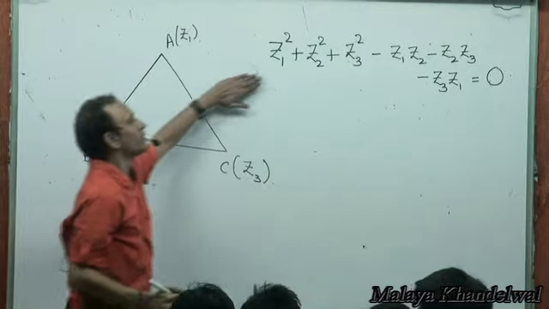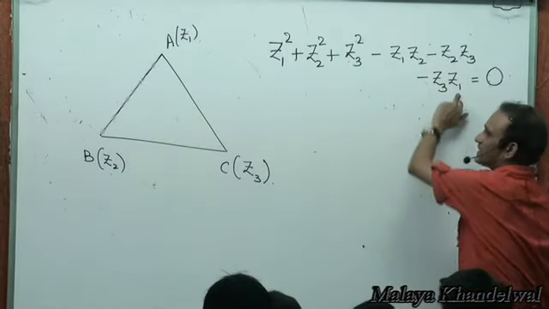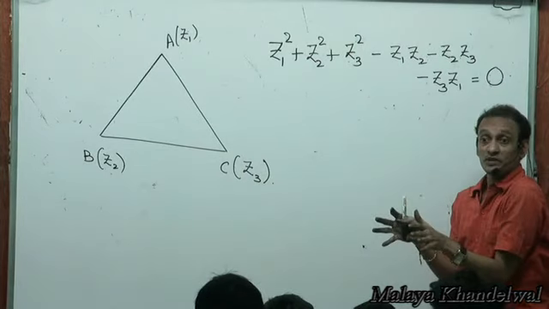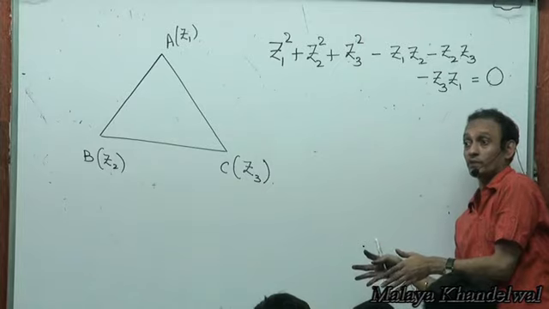Now, a squared plus b squared plus c squared minus ab minus bc minus ca can be factorized as a plus b omega plus c omega squared into a plus b omega squared plus c omega. Right?